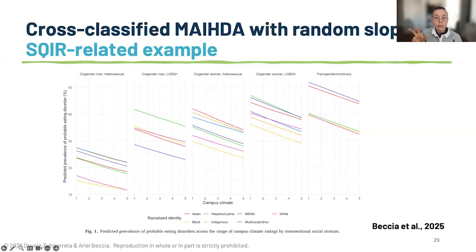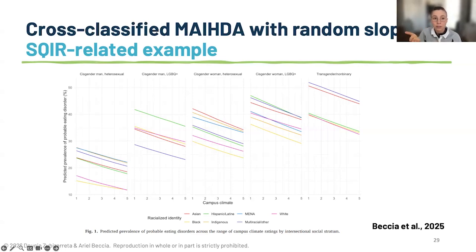So this figure is showing the stratum-specific prevalence of probable eating disorders across the range of campus climate values, where the values closer to 1, so closer to the left of any given column, correspond to more hostile climates, and then values closer to 5 correspond to friendlier climates.